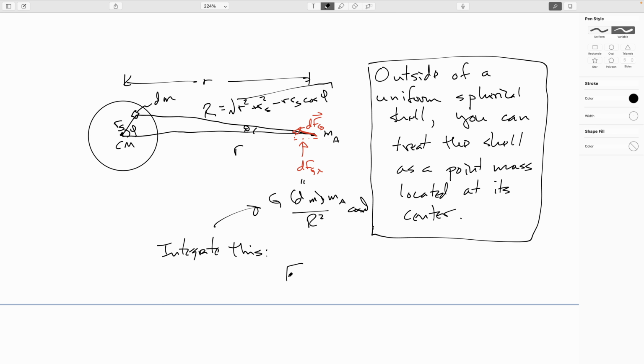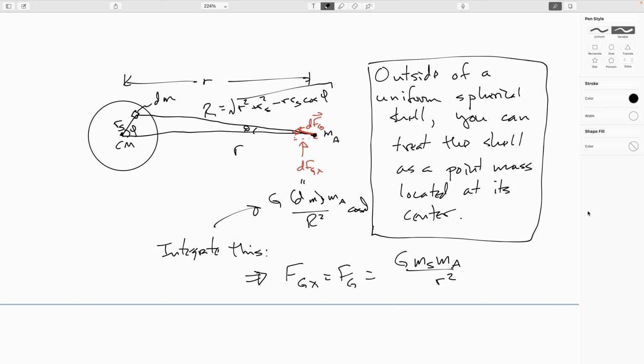At the end, what you get is that the x component of the force of gravity, which, since it's just directed along the x direction, is equal to G times the mass of the shell times our test mass m_a here over little r squared. So I'm just going to assert that this happens.